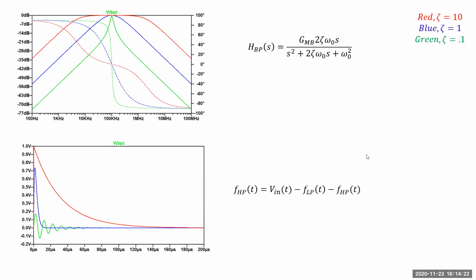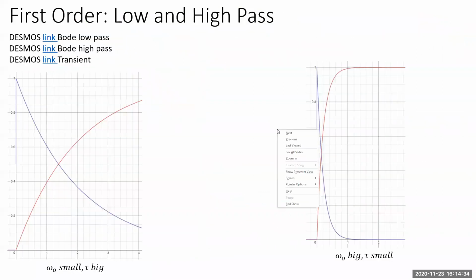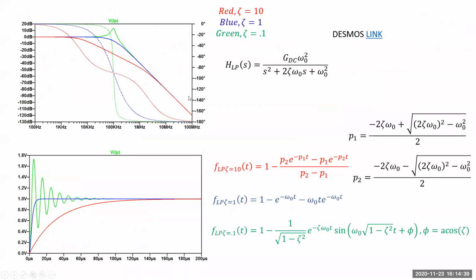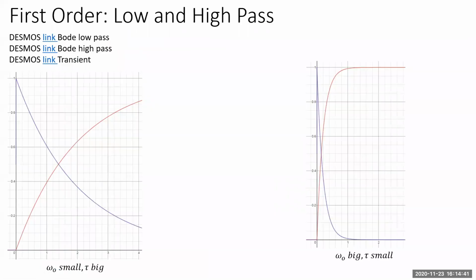How would you find 5 tau for an underdamped? That's a great question. I guess I wouldn't, because that 5 tau is only a first order thing. If I know it's first order and it takes a certain amount of time to get to 1 or to get to 0, that's 5 tau.